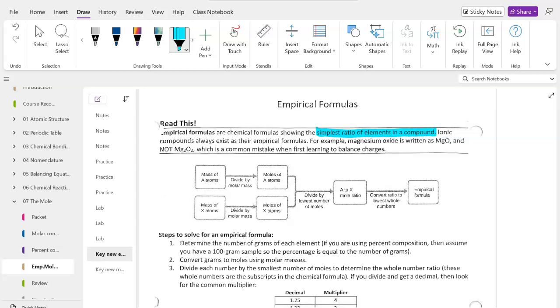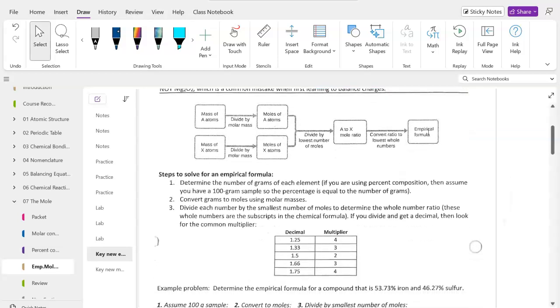So the charges cancel out in their lowest ratio, and you write the formula as MgO, not Mg2O2. Sometimes that's a common mistake when we're first learning how to balance out charges way back in our naming unit. So we're going to look at some ionic compounds, but mostly it'll be covalent compounds.